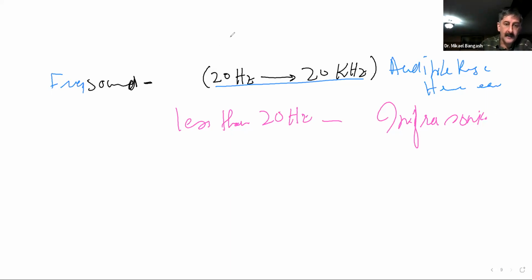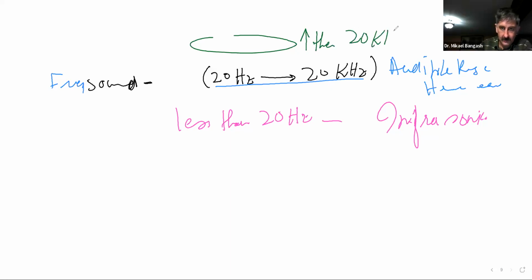Whereas up here, we may not have the room, but anything that is greater than 20 kilohertz is going to be called ultrasonic.